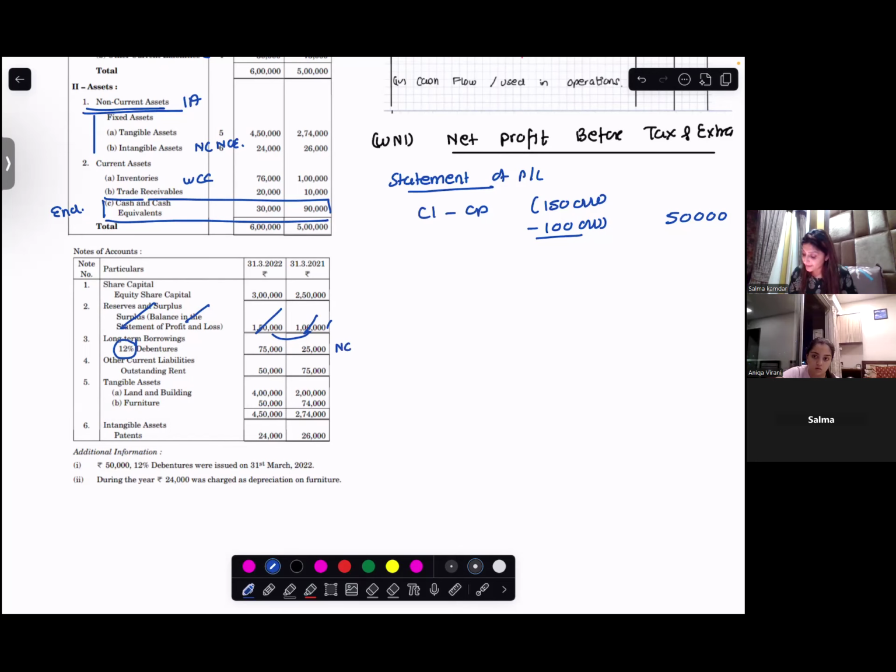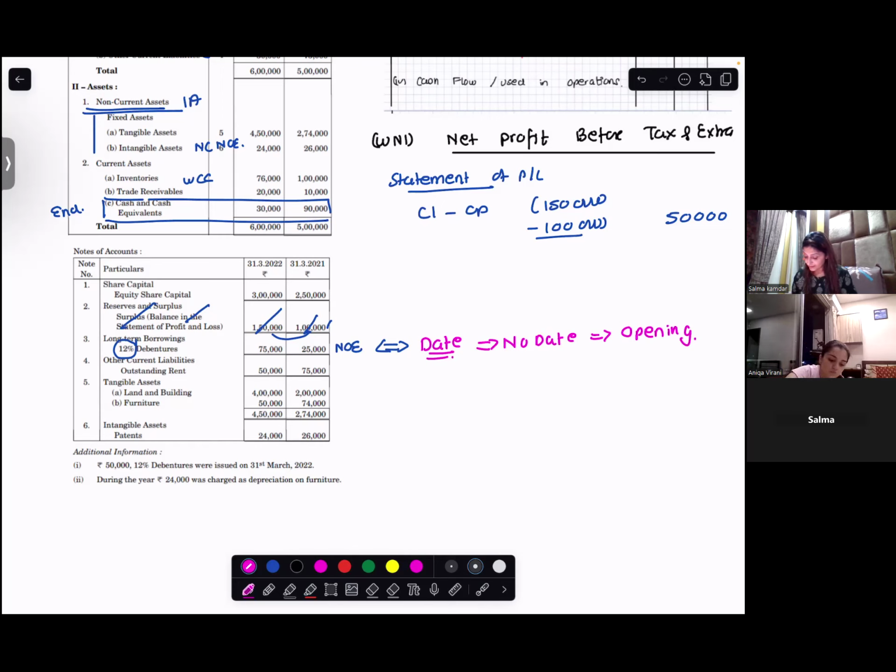Whenever there is interest, you will always check the additional information for the date. The date helps you decide whether to calculate interest for the full year or part of the year. If no date is given, you calculate interest on the opening balance of the previous year.